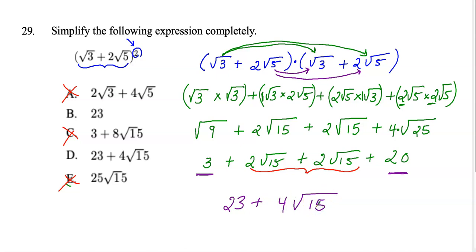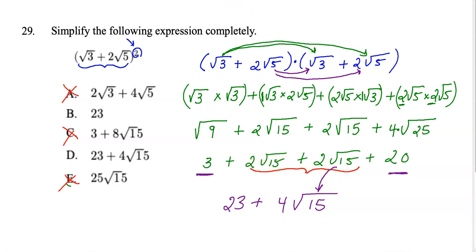It's like combining like terms. That's what I'm doing here. What I'm really doing is taking the outside numbers, the 2 and the 2, and adding them. What's 2 plus 2? That's 4. And I'm just bringing the square root 15 down because it's in common.